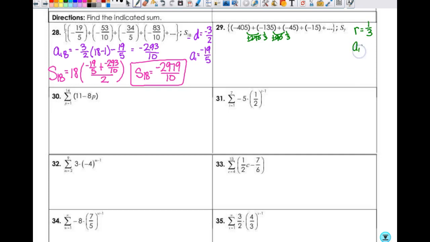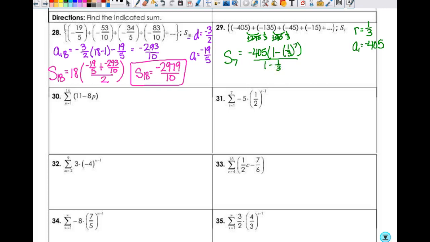A1 is negative 405. And I want a sum. When I use the sum formula for a geometric series, I need A1, which I have, I need R, which I have, and I need N, which I have. So I'm good to go. The sum of the first 7 terms is equal to A1, which is negative 405, times 1 minus R, which is 1/3, to the nth power, that's the 7th power, all over 1 minus 1/3.